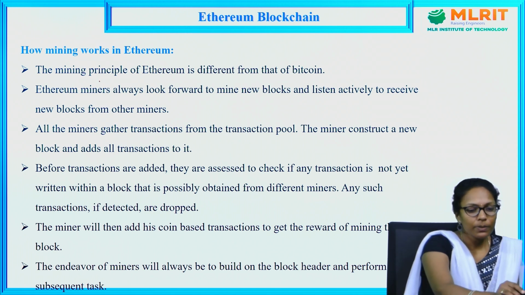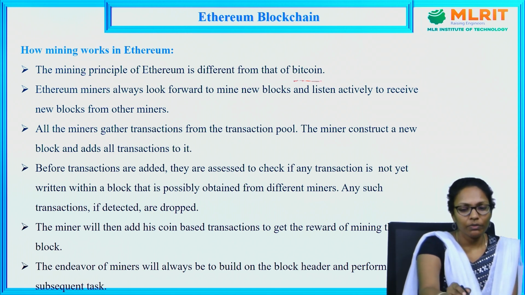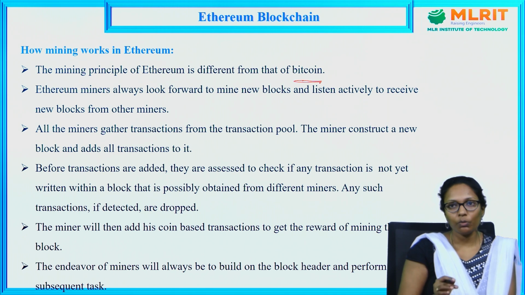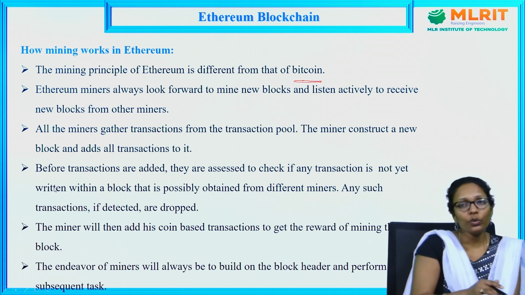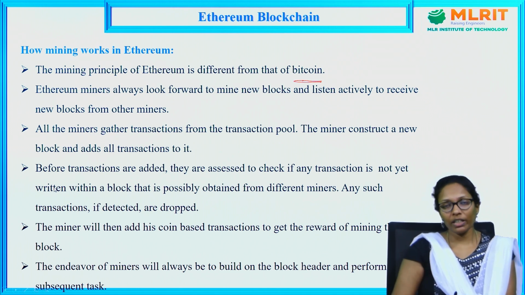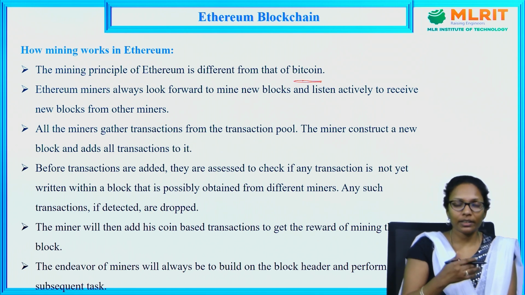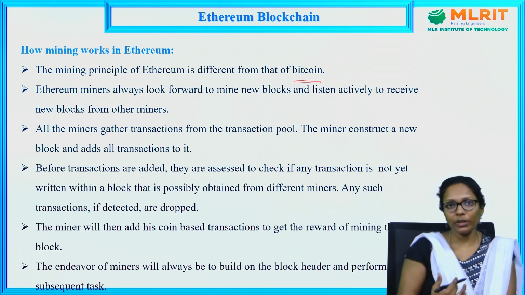The mining principle of Ethereum is different from Bitcoin. We know already in Bitcoin, if I want to mine, then I need to solve some puzzle. If the puzzle is correct, then that particular block will be mined and distributed among all the nodes. In Ethereum, if a mining node wants to propose some block, the node will get the transactions from the transaction pool.